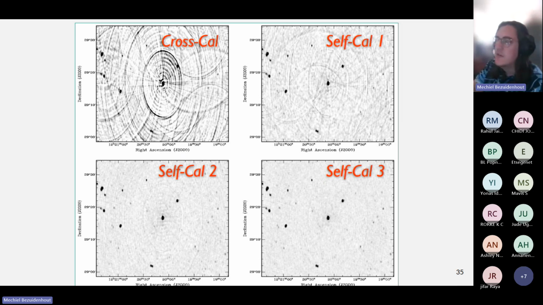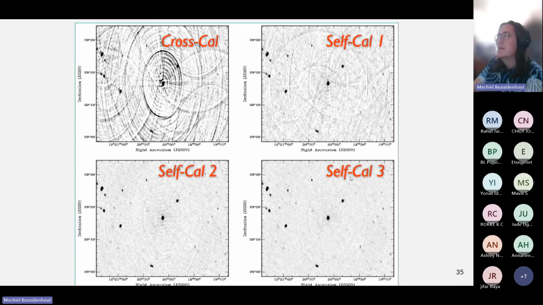You have to kind of learn to recognize which artifacts come from imperfect calibration, and then those ones you can do self-calibration. And if you don't have those artifacts that come from poor calibration, oftentimes you're just wasting your time trying to do self-calibration. So self-calibration isn't always necessary. You only have to do it when you can observe these artifacts in your image.